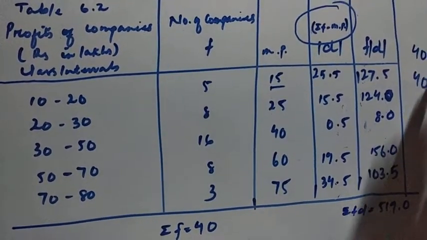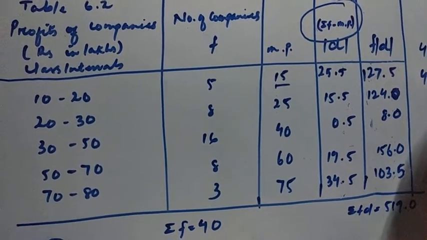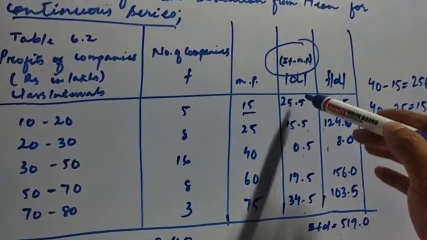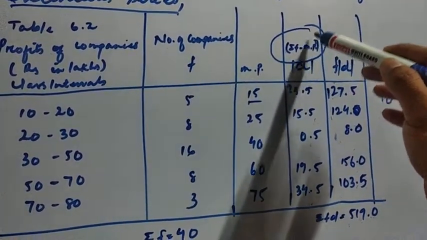And next, 40 minus 25 gives you 15.5. Likewise, you find the value of D by taking the summation F minus the midpoint.